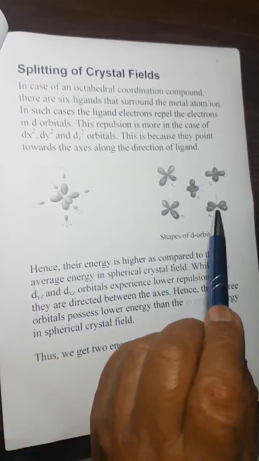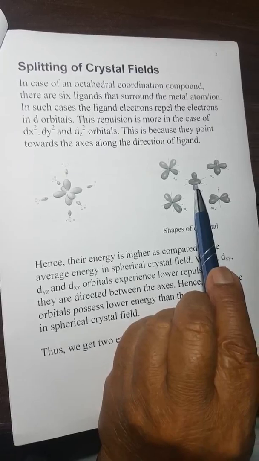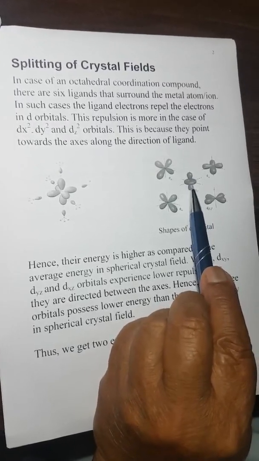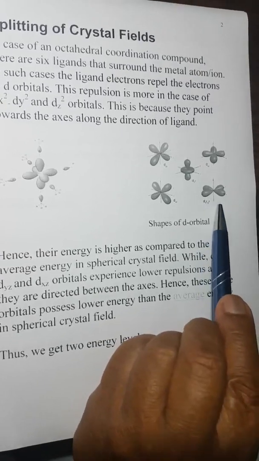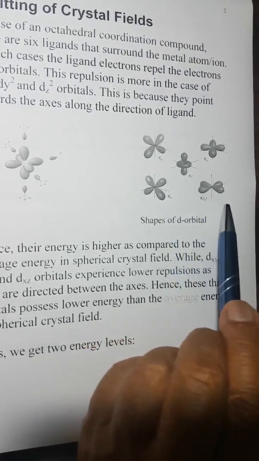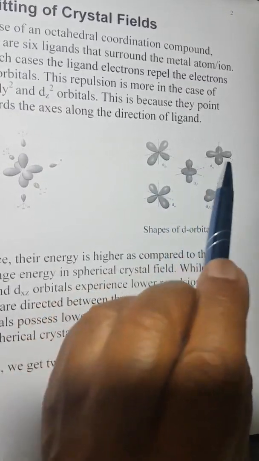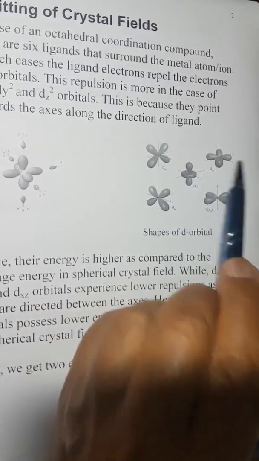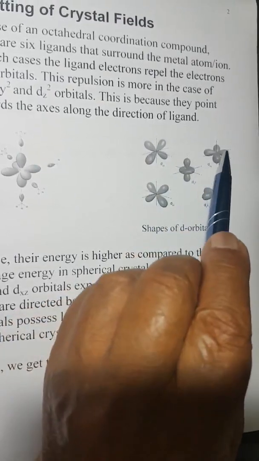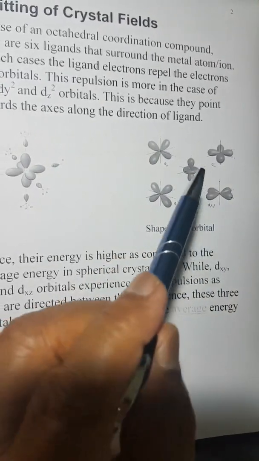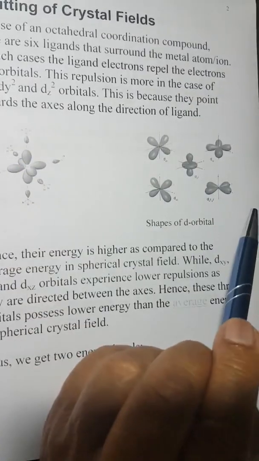There are axial orbitals, for example dz square and dx square minus y square. These are the two axial ones. And the other ones, for example dxy, are non-axial. These lie in between the axes. So naturally, when the ligand comes on an axis, that orbital will go up.